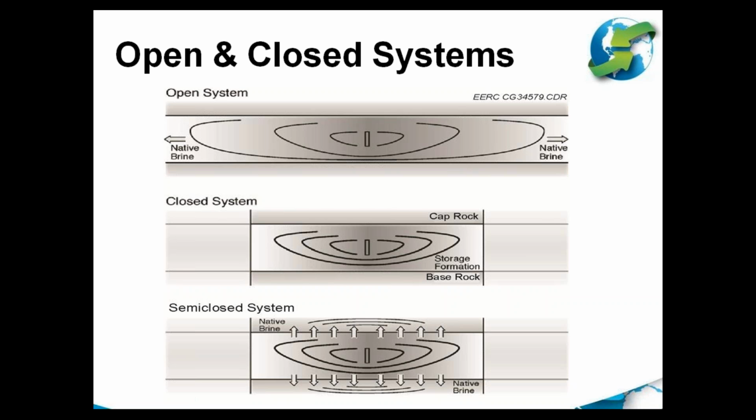With an open system, we're talking about permeable formations which can have hydraulic communication, possibly with the same formation but over large areas, whereas with closed systems there may be faults, stratigraphic pinch outs, or even structural features which effectively form impermeable barriers, creating a closed system.